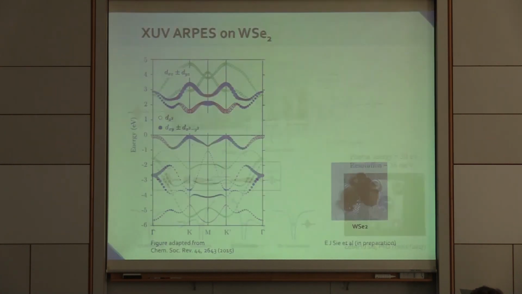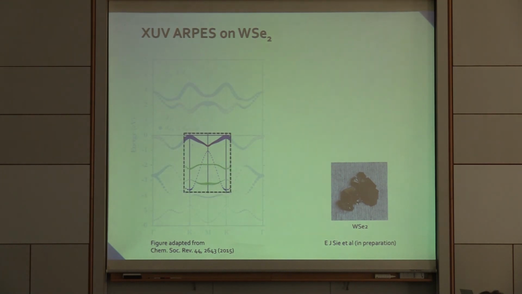The resolution is pretty good, and I'll show you just the last data. So we want to see the valence band, the K and K prime points, and this is what the material looks like. So these are the results. We see the K, K prime points, and from the theory it shows just one band. But of course, spin-orbit coupling must be included, so there's a splitting.